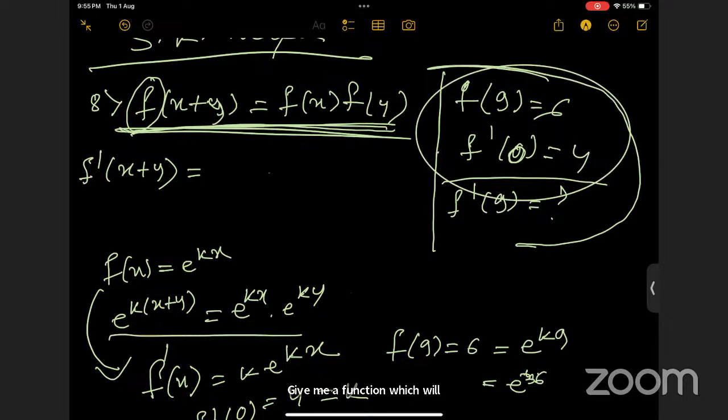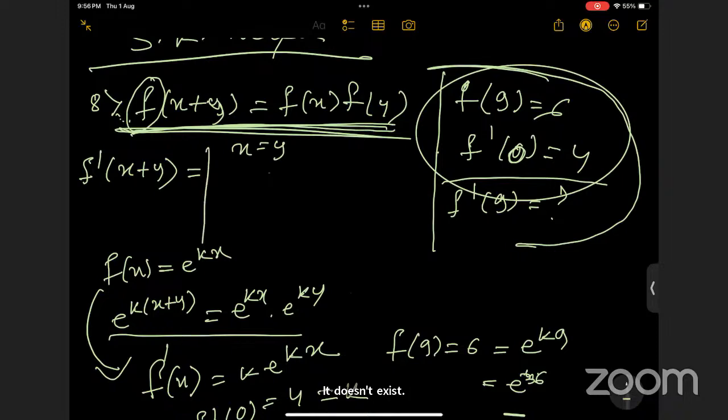That means we cannot take this example for this function f. Then give me a function which will satisfy f of x plus y equals f of x and f of y. Sir, it can be. Wait a minute. I will challenge. It doesn't exist.